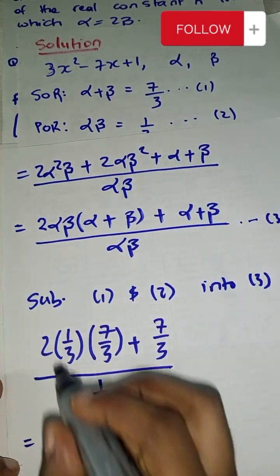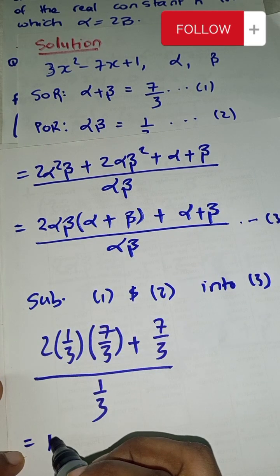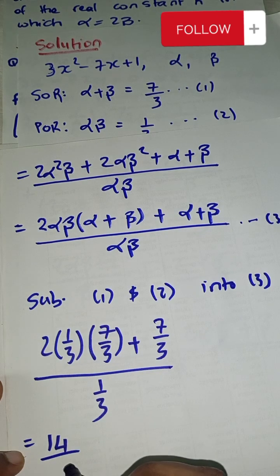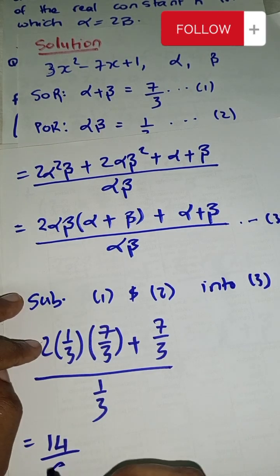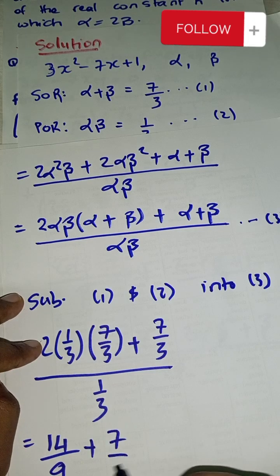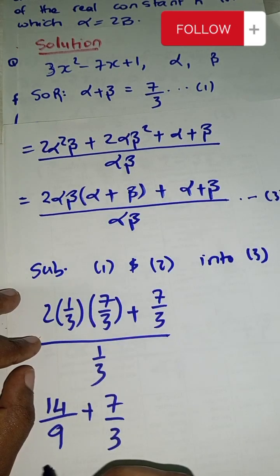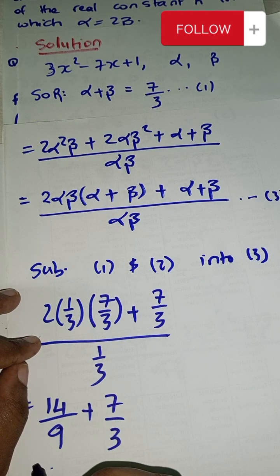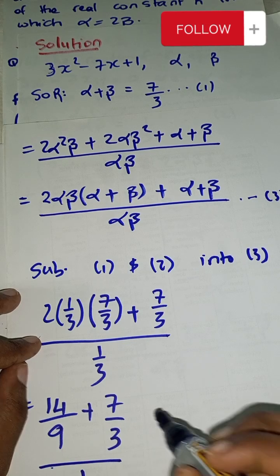That's going to give us, this is 14 on 9 plus 7 on 3. All of this on 1/3.